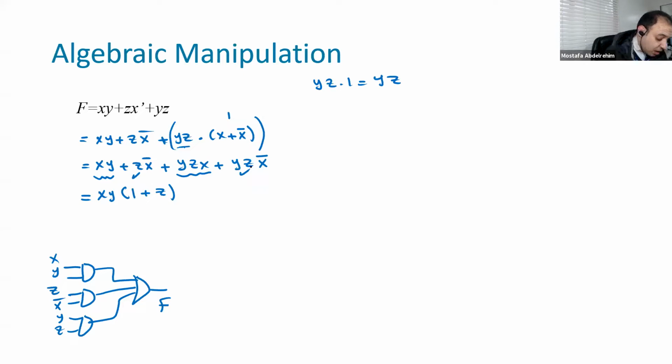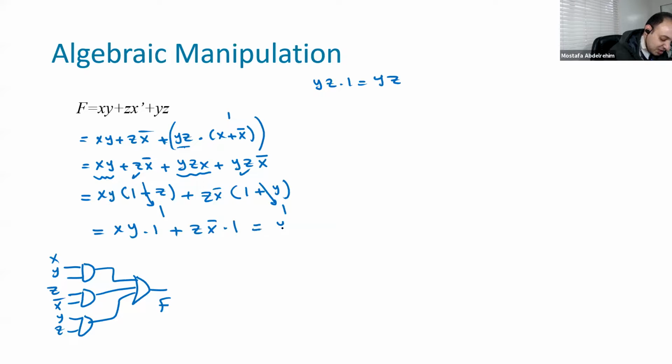You have zx bar and yzx bar, so take zx bar as a common factor. This will give us 1 or y. What is 1 or z? 1 or z all the time is 1. For a million years forward, it will be 1. 1 or y, again 1. So this is basically xy and 1 or zx bar and 1. So this is equal to xy or zx bar.